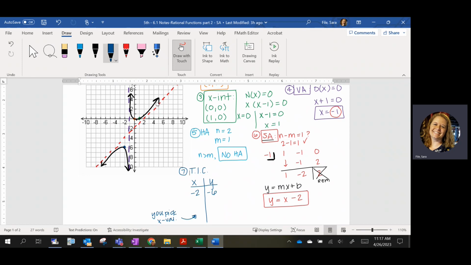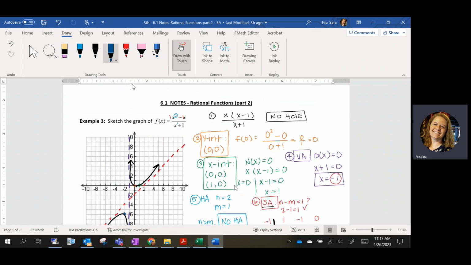Because I know there's a curve up here, I really don't have to test another point. If you didn't realize that and you wanted to test a point to the right of that zero or under that slant asymptote, you're welcome to. We could test a 3. Where should this graph be? Should it be down here below this asymptote or above it?